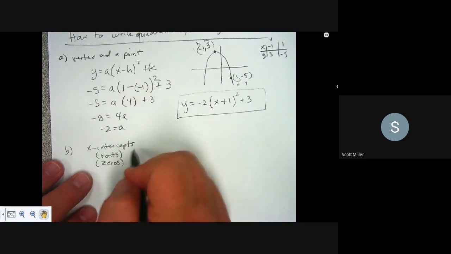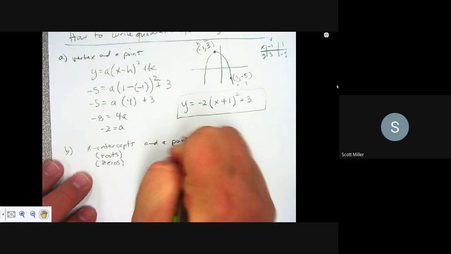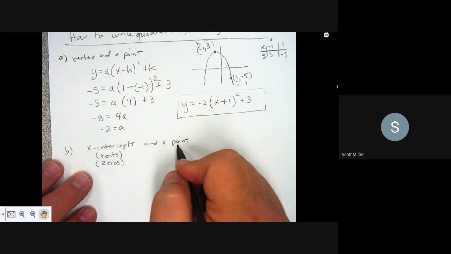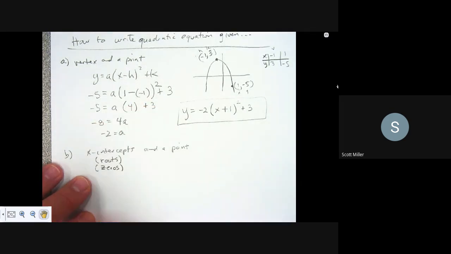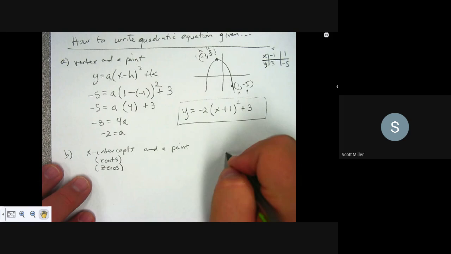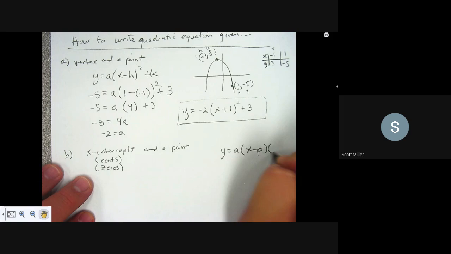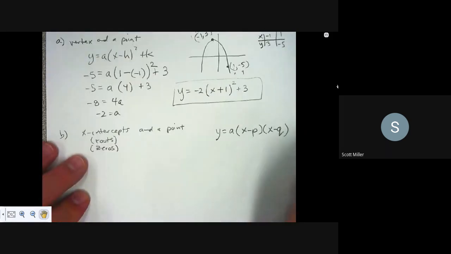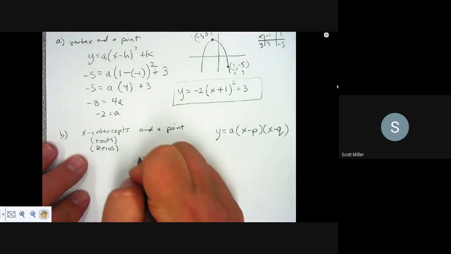So if I give you the x-intercepts and a point, again, that extra point is to help you find the a value in your formula. X-intercepts means I'm going to use the factored form because that's the intercept form: y equals a times (x minus p) times (x minus q). This time I give it to you in a table.